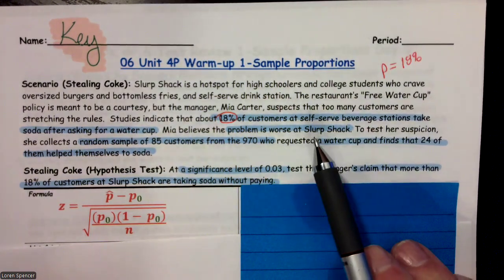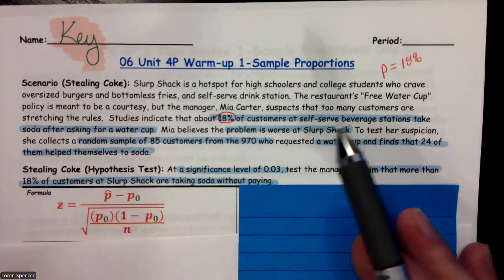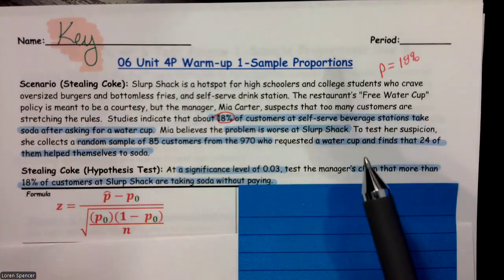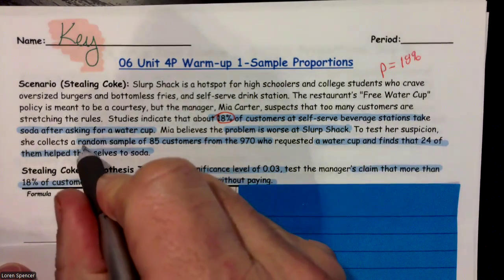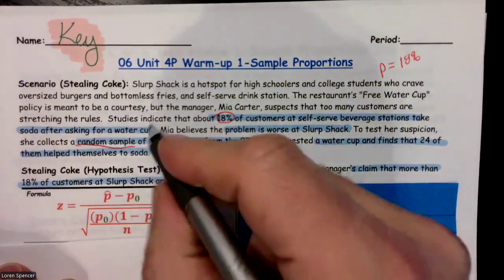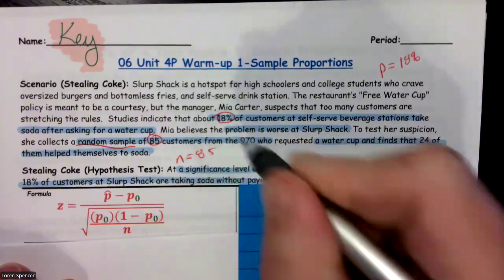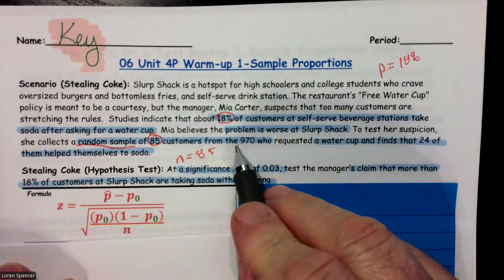Mia believes the problem is worse at Slurp Shack. In other words, they're taking more soda when they say they're getting water. To test her suspicion, she collects a random sample of 85. Good thing they said random sample, because if we were doing our conditions, that'd be the first one. So my sample size is 85 from the 970.